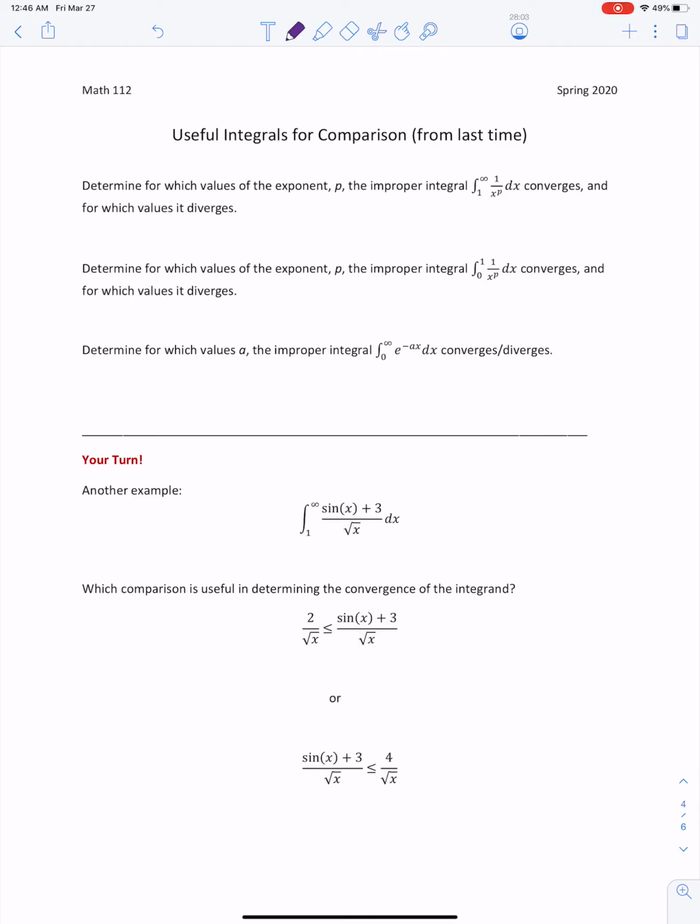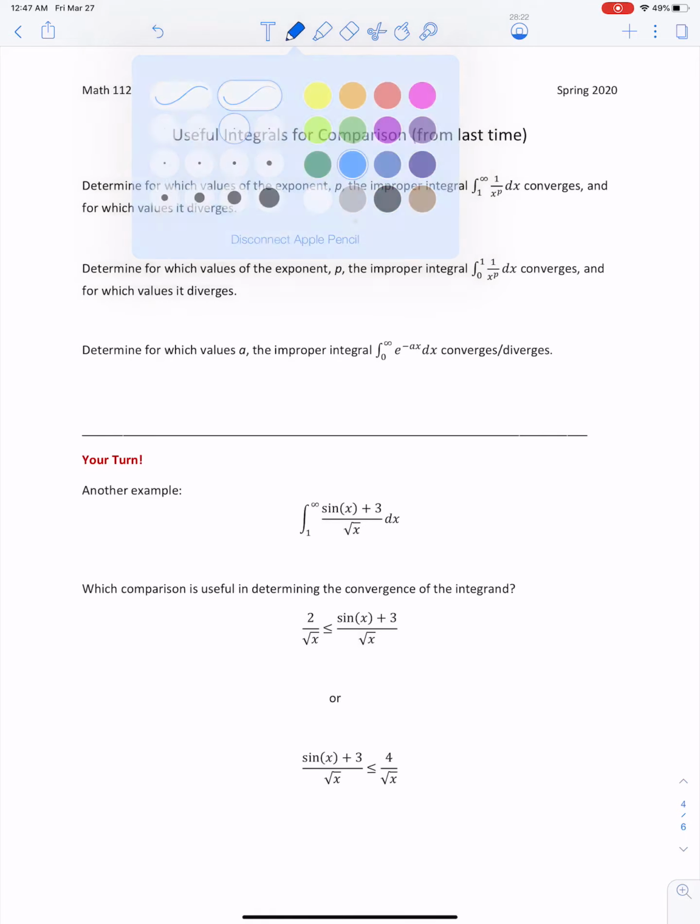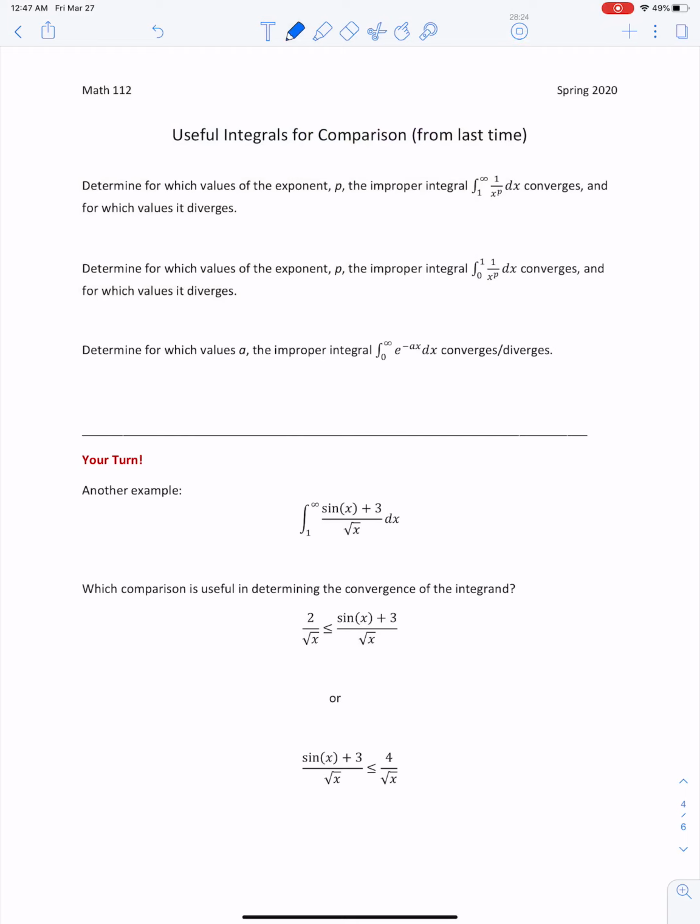So good functions to have in your hip pocket to really understand their behavior, because that will allow you to make conclusions about a wide range of other functions. So I'll just summarize what you should have gotten for answers.